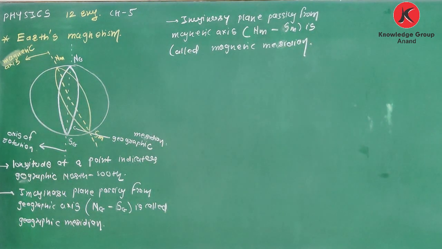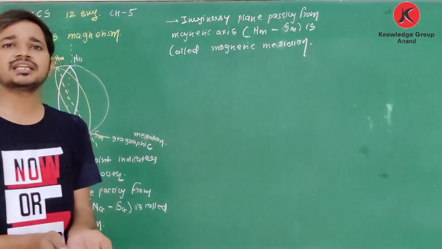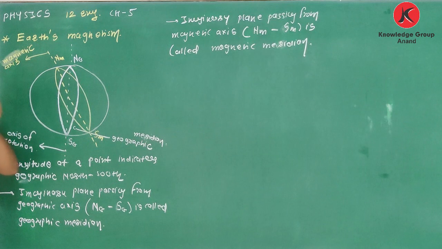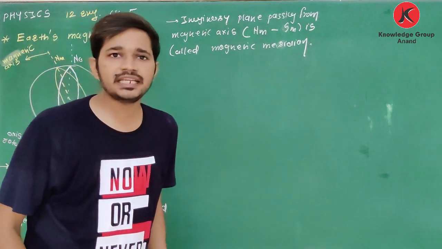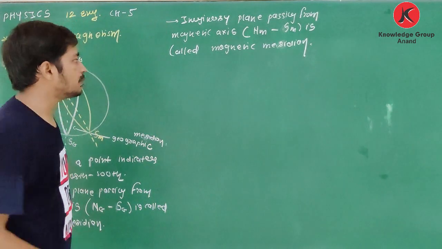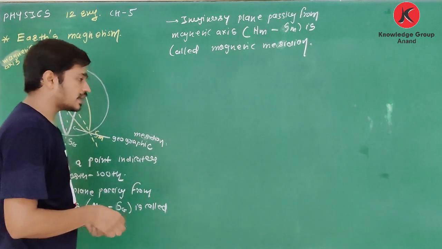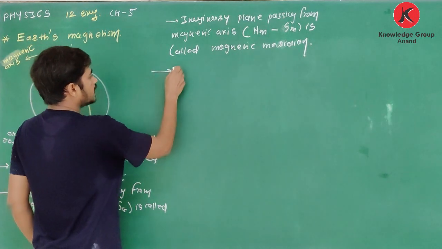Clear about this? So these points you have to remember. It is called the geographic meridian, and it is called the magnetic meridian. If you have one magnetic needle, then that magnetic needle is always aligned in the magnetic meridian.